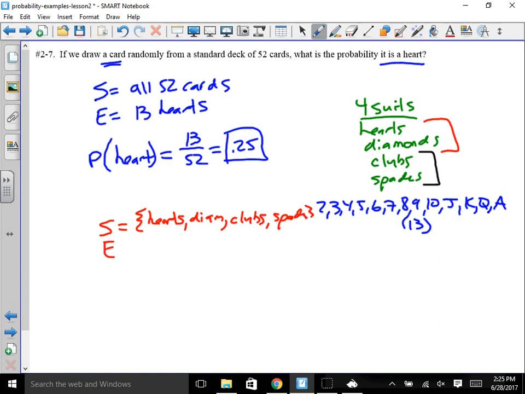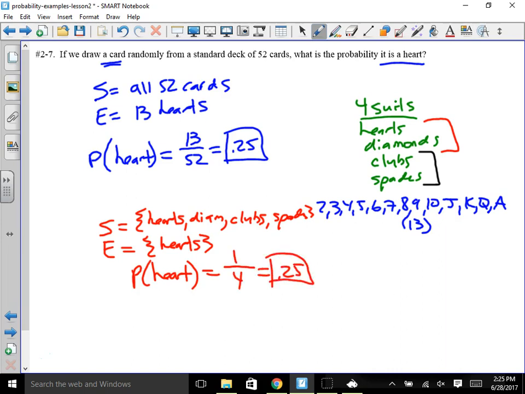And then you could say, well, the event would be that we have hearts, and so that means the probability of having a heart is 1 out of the 4 suits, which is also 0.25. So, you know, whether you think of it as individual cards or the suits themselves, as long as everything in the sample space is equally likely to happen, then both of those are valid ways to solve the problem. Okay, let's move on to the next problem.